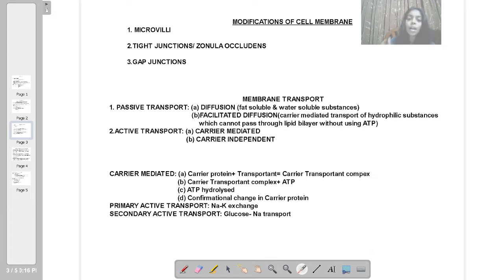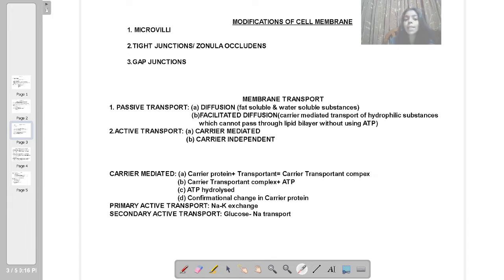That means according to location, according to function, the cell membrane can modify itself into various shapes or into certain specialized structural forms so that that particular function can be carried out.